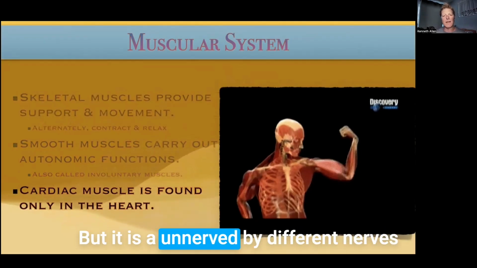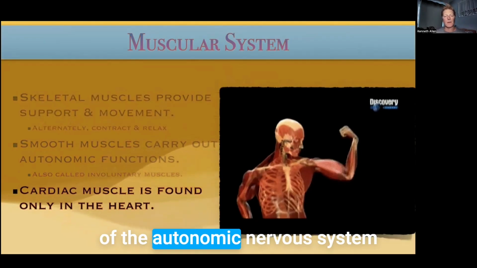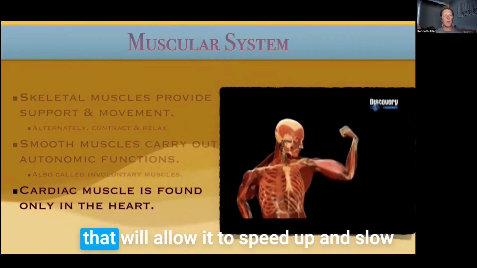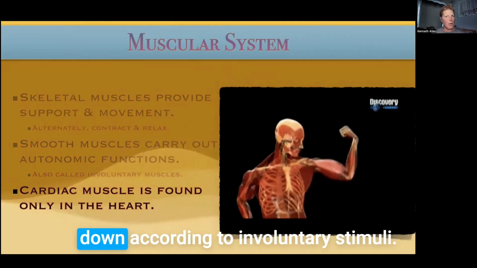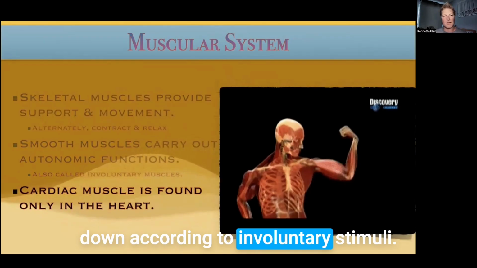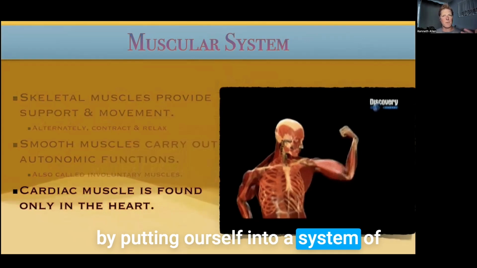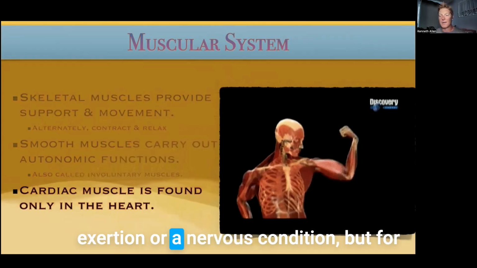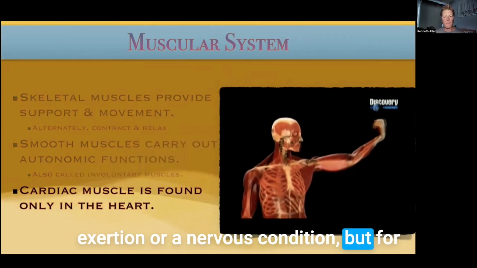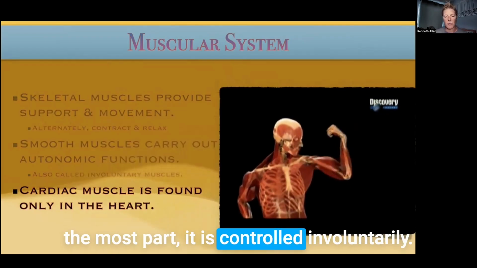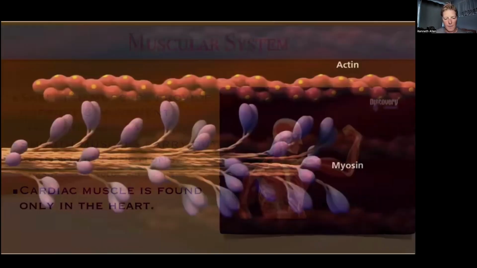But it is innervated by different nerves of the autonomic nervous system that will allow it to speed up and slow down according to involuntary stimuli. We can do it to a certain extent as well by putting ourselves into a system of exertion or a nervous condition. But for the most part, it is controlled involuntarily.